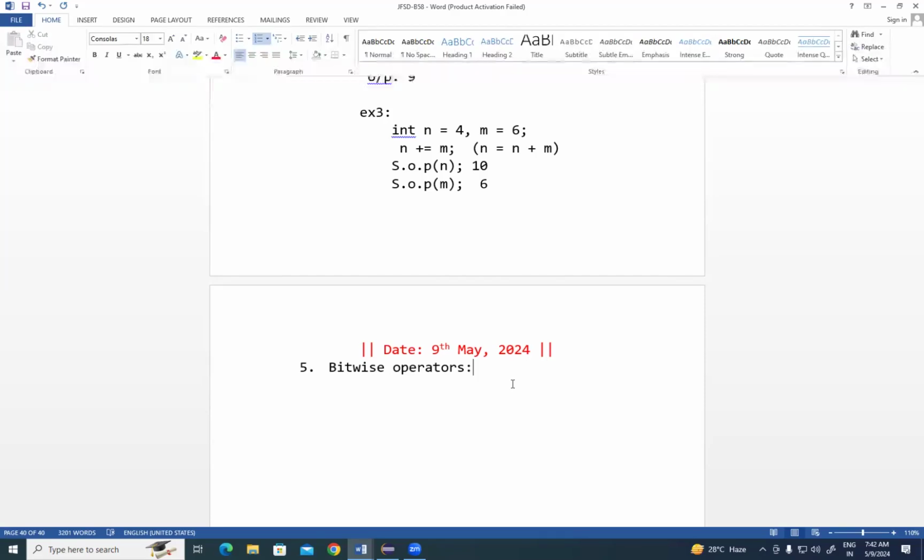Then I never use this kind of bitwise operators. Or even we will never use bitwise operators when developing any mobile applications, for example, like GPay or PhonePe or any other mobile application. So we never use this kind of operators in day-to-day life.